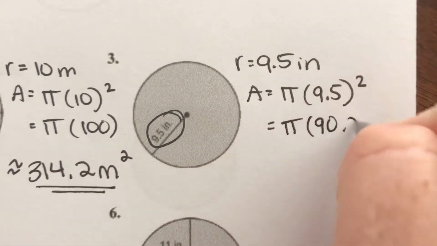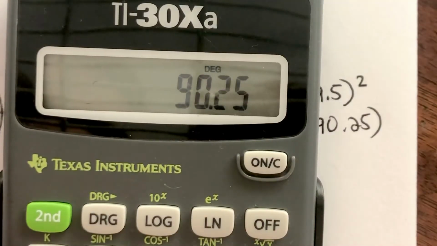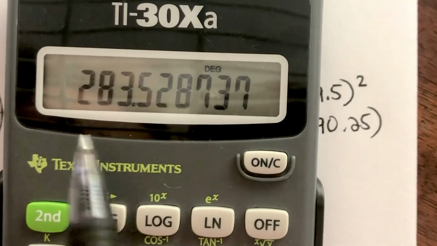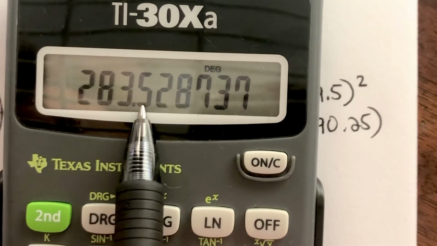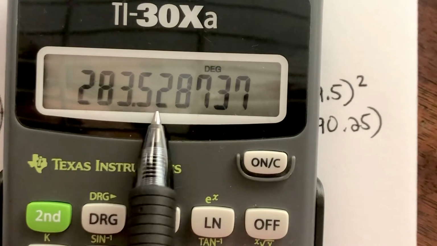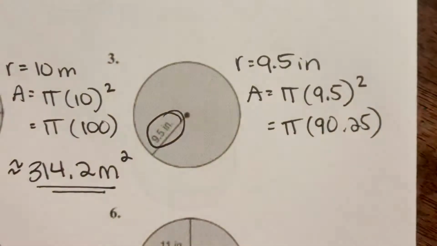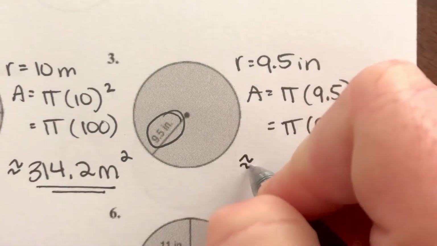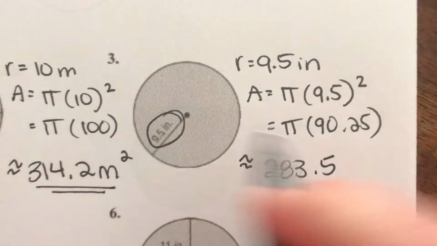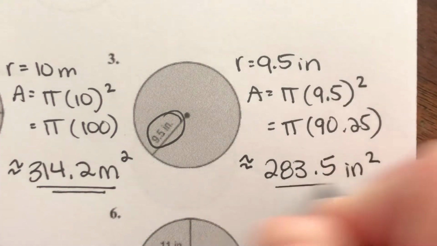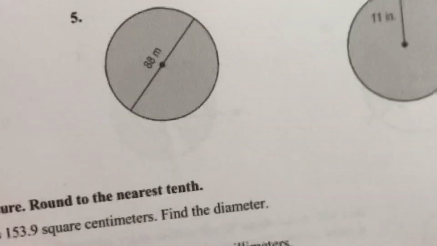Pi times 90.25, and then I multiply 90.25 times pi equals 283.52. This 2 is what tells us if we round the 5 up to 6 or if it stays at a 5, and it's just a 2, so we're going to keep it at a 5. 283.5. So area is about 283.5 inches, and they're squared.